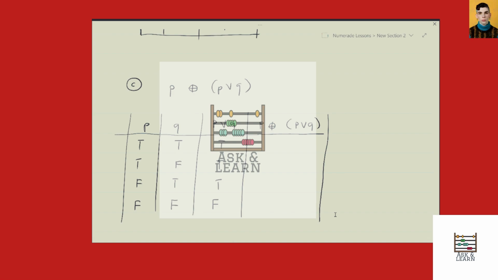So here we have P and Q both true, so this will be false, because all of them cannot be of the same value. So here too, all of them cannot be of the same value. Here, one of them is true, so that is true. And here, all of them are false, so that is false. All right.